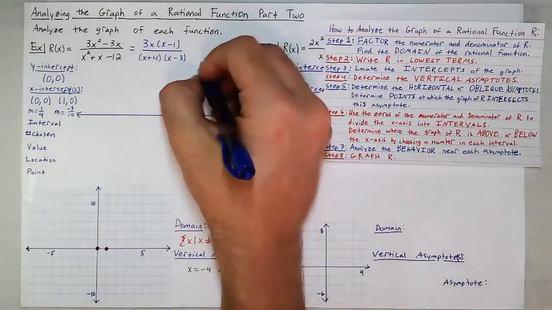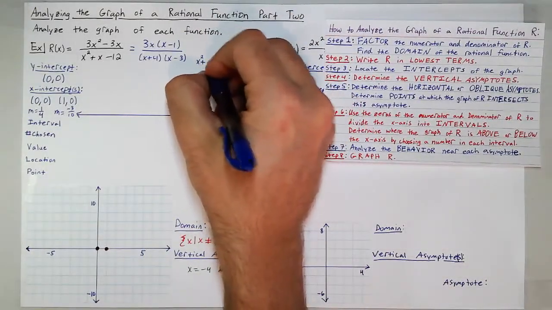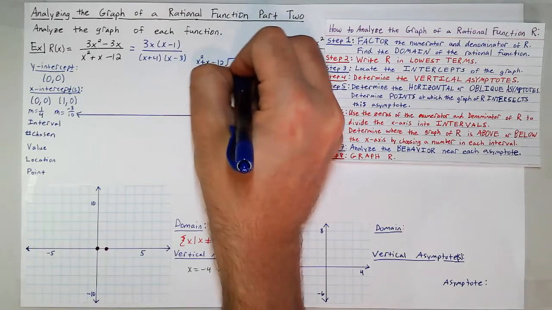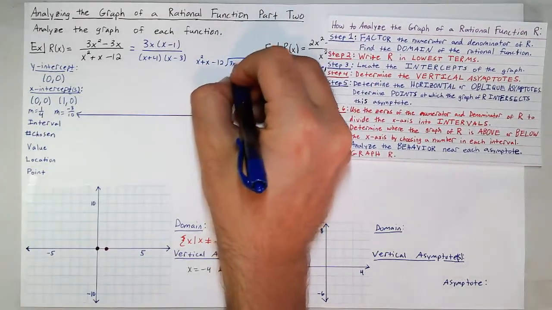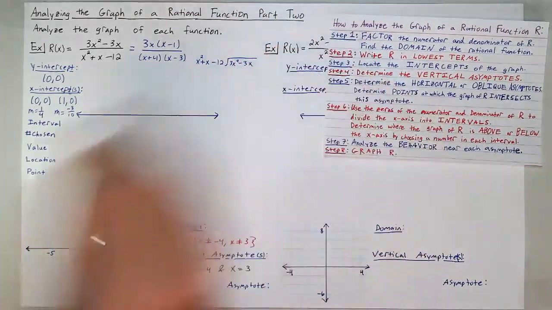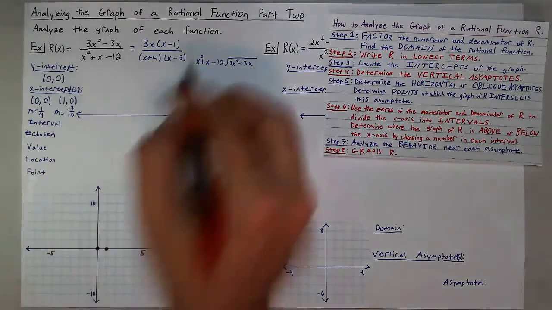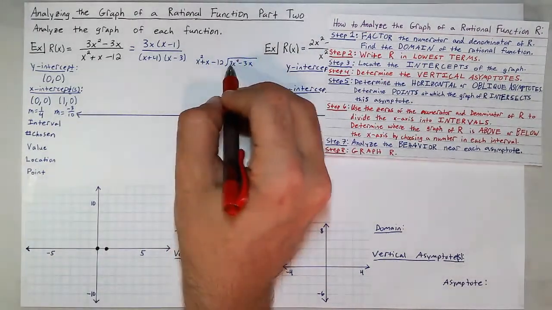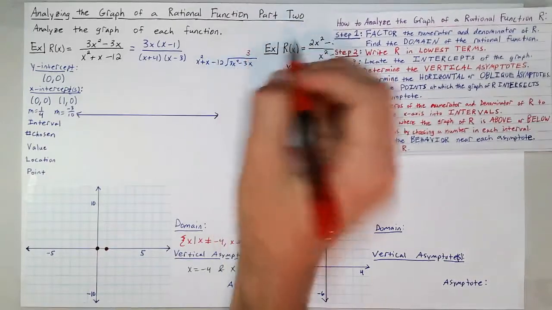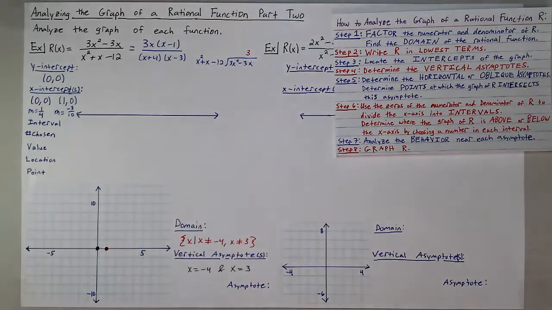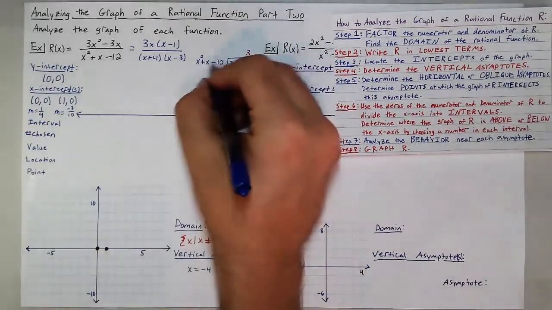So x squared plus x minus 12 goes into 3x squared minus 3x, how many times? Well, I would look into how many times does x squared go into 3x squared? 3 times. Now multiply that entire divisor by 3.